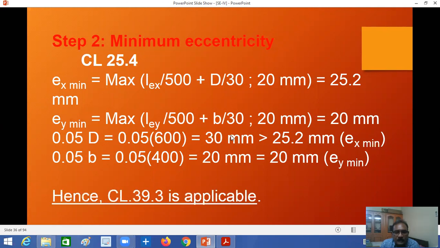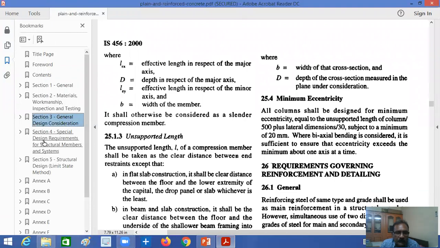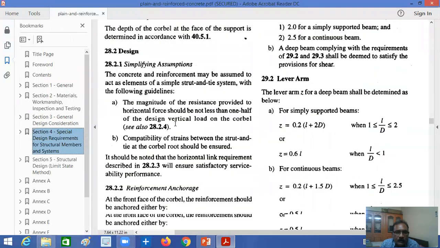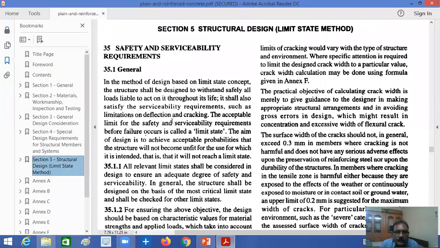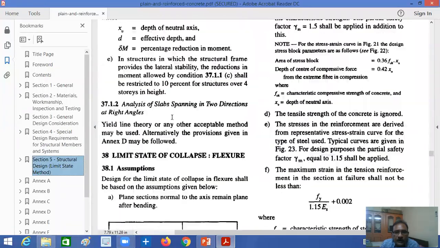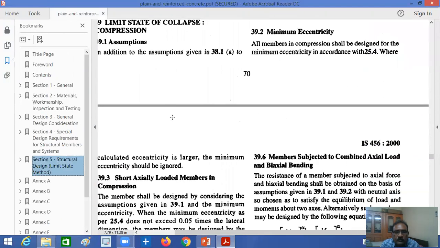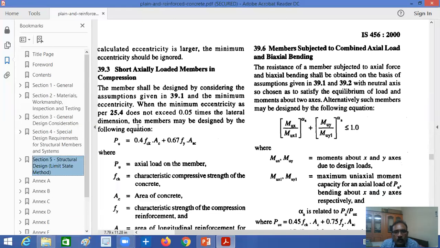Okay, hence 39.3 is applicable. Here you will see 39.3. See, in this way you have to use our code books, right?